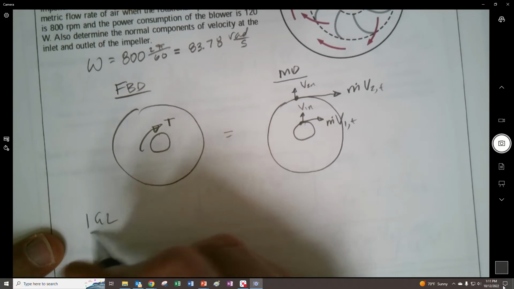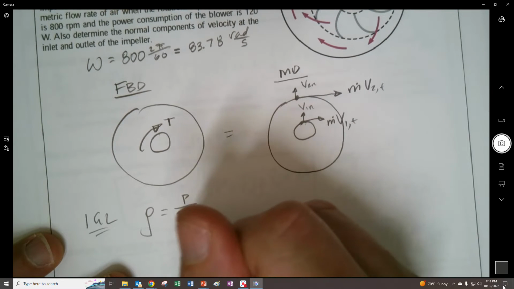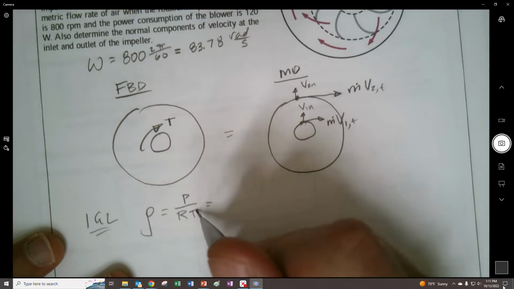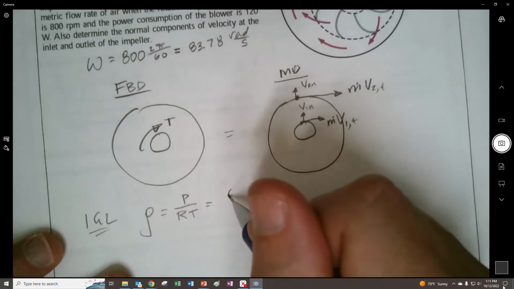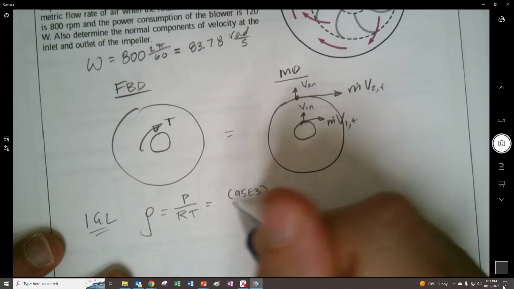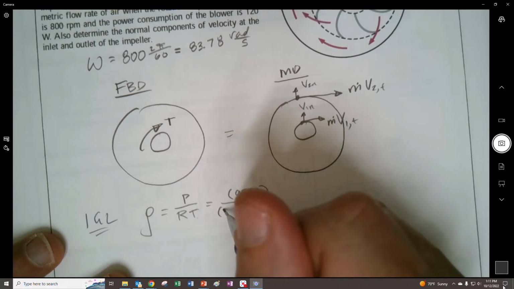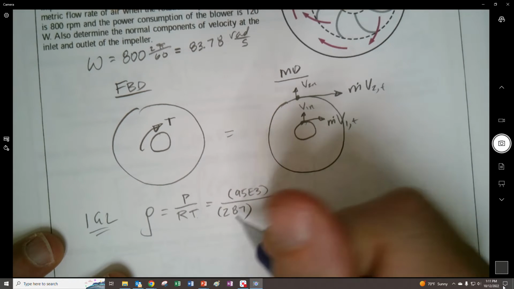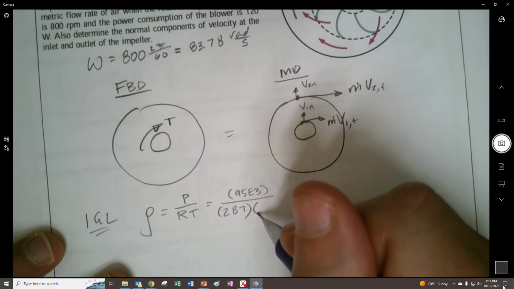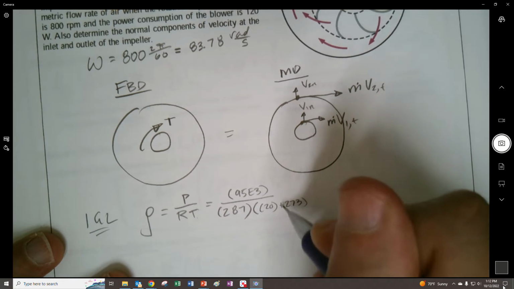Taking the ideal gas law, we have the pressure divided by the gas constant for air and the temperature. So this is 95 E3 to get it in newtons per square meter, and I'm going to write 287. I think there might be a decimal place I'm missing. And the absolute temperature is 20 plus 273.